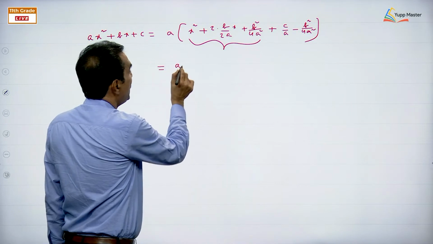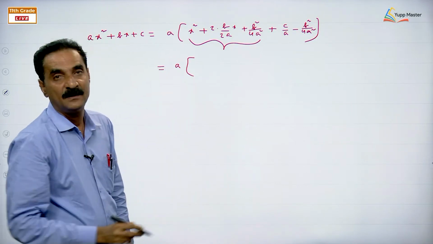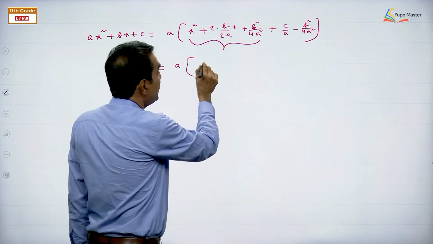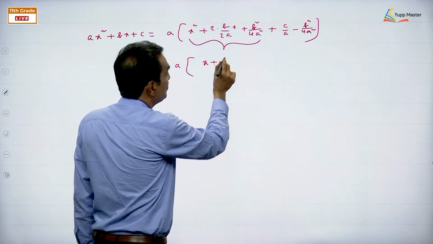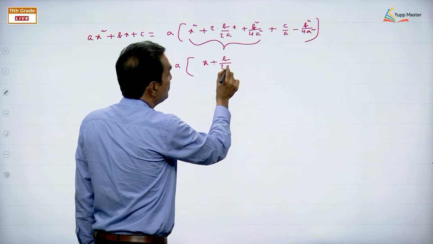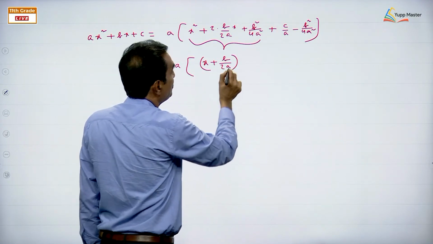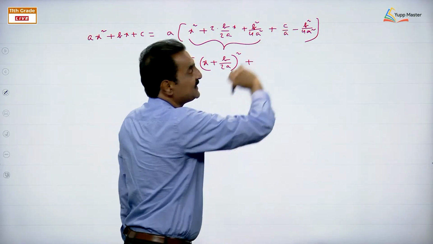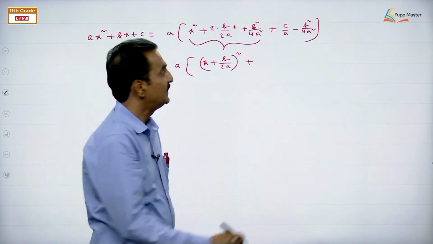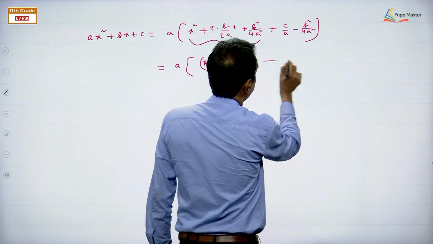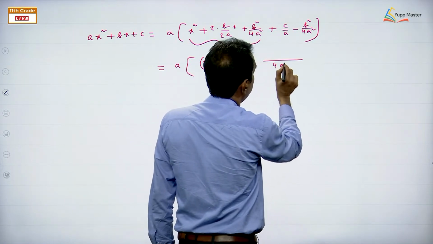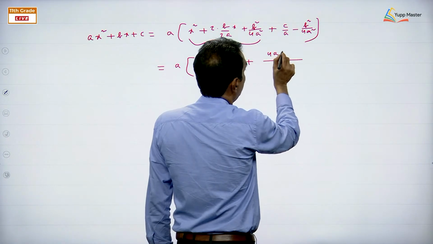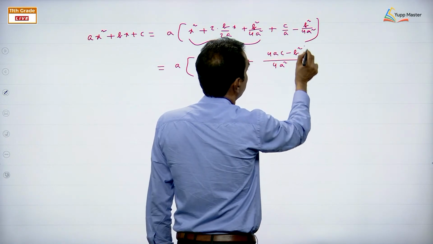It is equal to a into, how can you write the first 3 terms? x plus b by 2a whole square, and the remaining term is independent of x, constant. If you combine these two, 4a square is LCM, numerator will be 4ac minus b square.